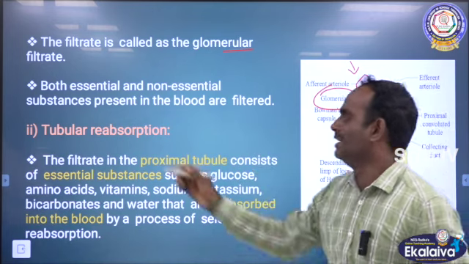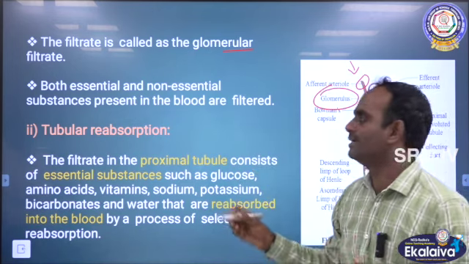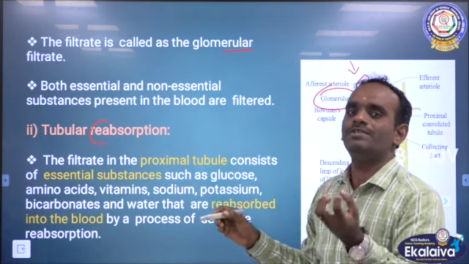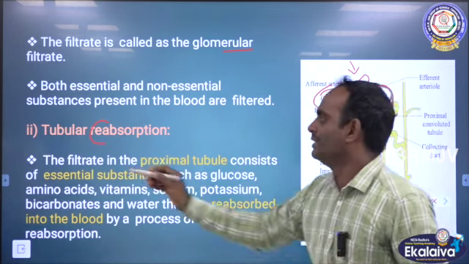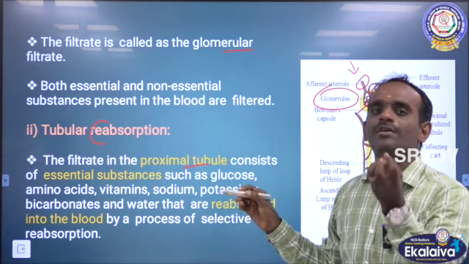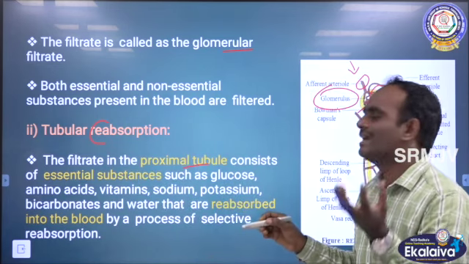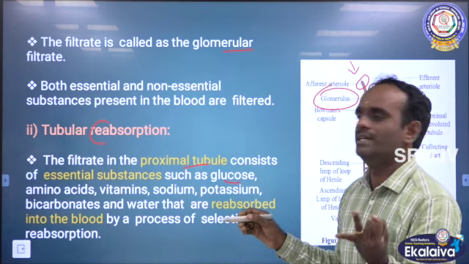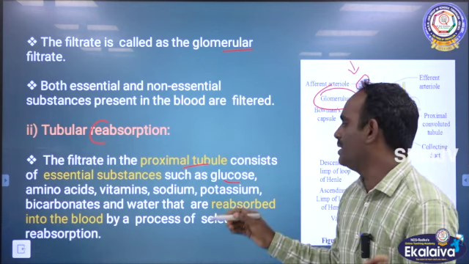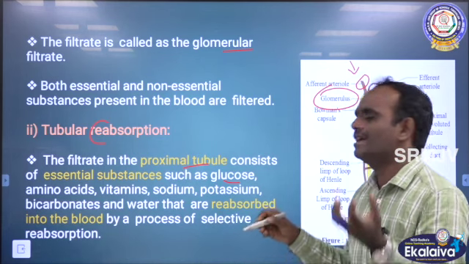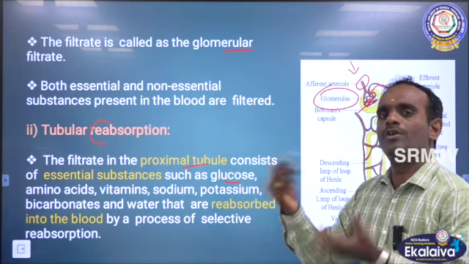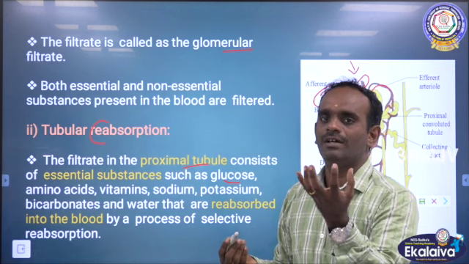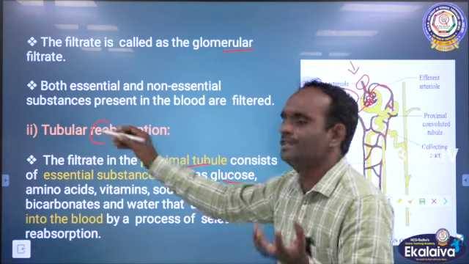The second step is tubular reabsorption. See the name, reabsorption. So, everything should be absorbed. The filtrate in the PCT, proximal convoluted tubule, consists of essential substances such as glucose, vitamins, amino acids, sodium, potassium, bicarbonates, water, etc. Most of the substances are essential, so everything is absorbed in the tubular part.